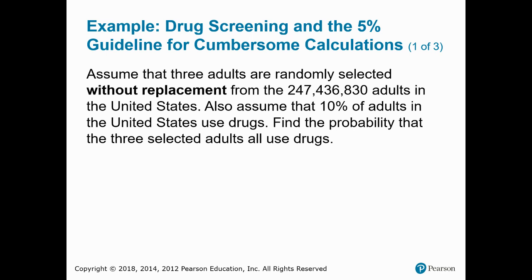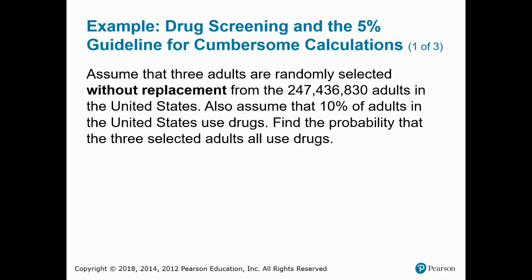Okay. So here's a drug screening question for the 5% thing to give us an idea why we would even do that. Assuming that 3 adults are randomly selected without replacement from the 247,436,830 adults in the United States. That number is different now; this data is more than a day old.